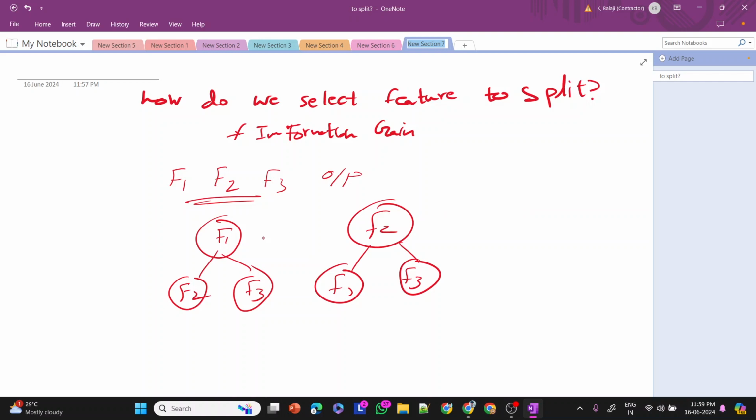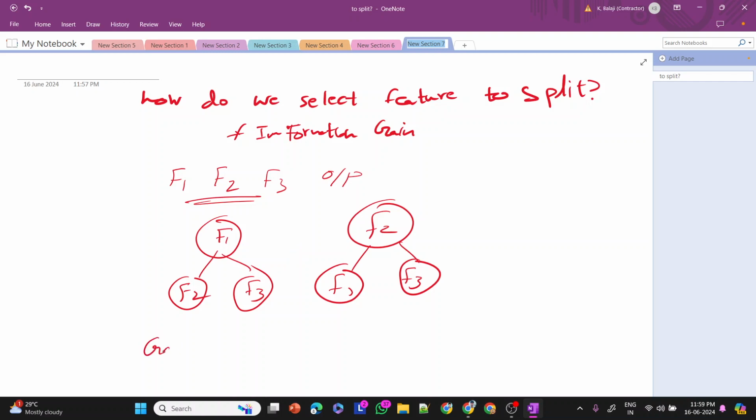But which one is best? To compare these three, we can use information gain.